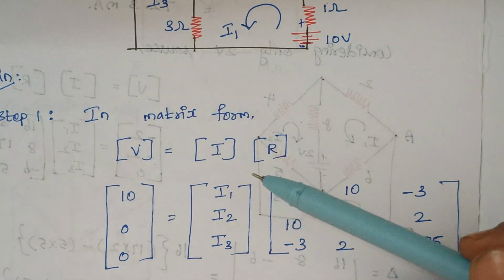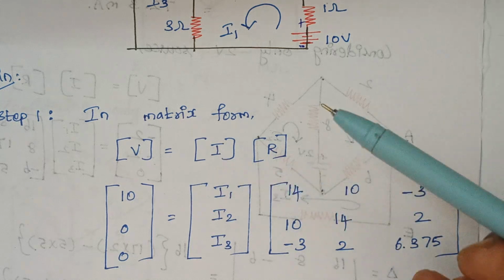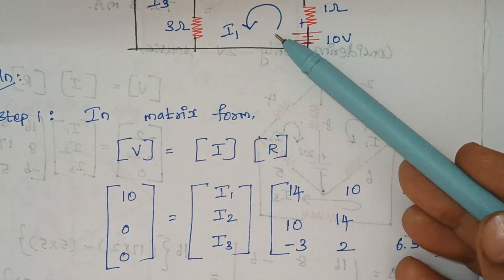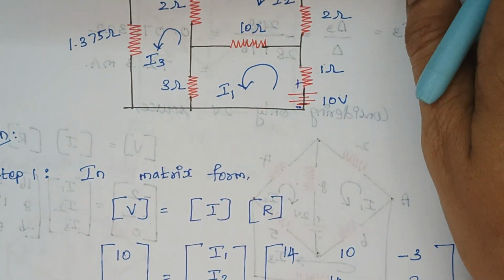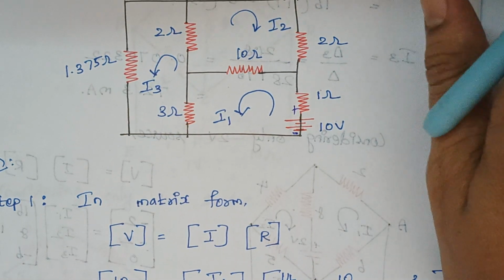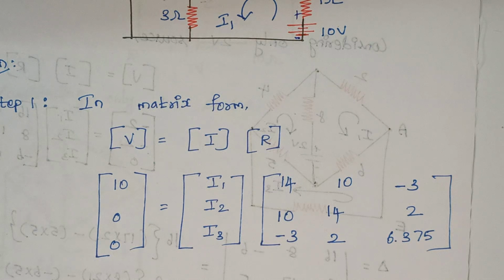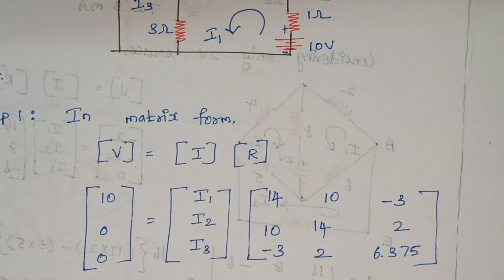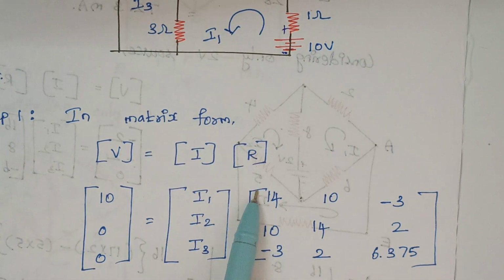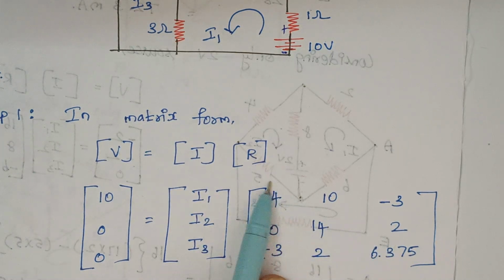The next thing is the current. As usual, the current flowing in loop 1 is I1, in loop 2 is I2 and in loop 3 is I3. So we have written I1, I2 and I3. Again, as usual, to find the values of the resistances: what do the diagonal elements represent?